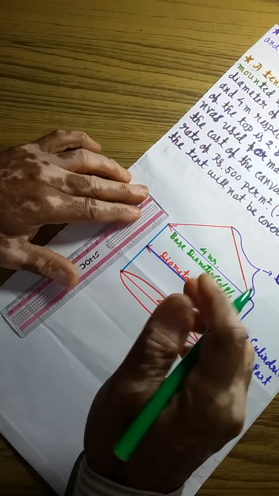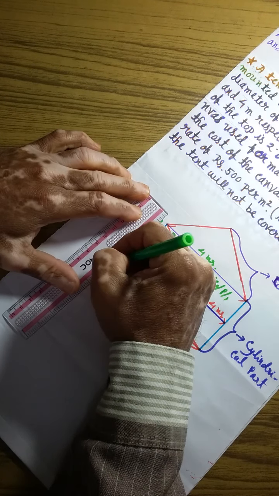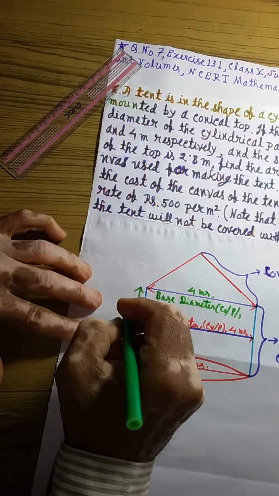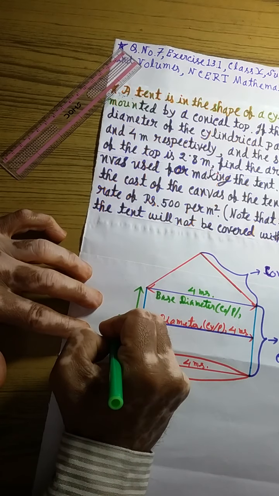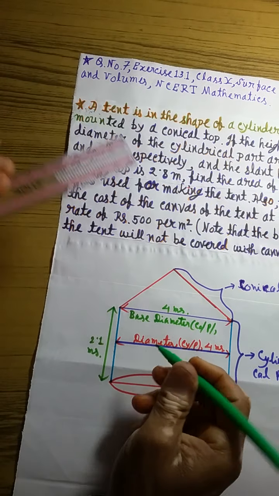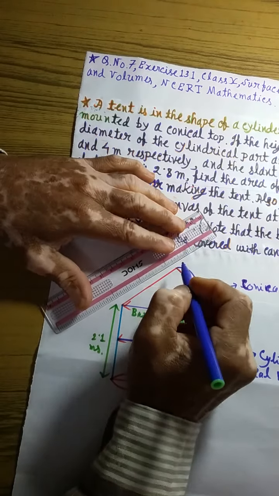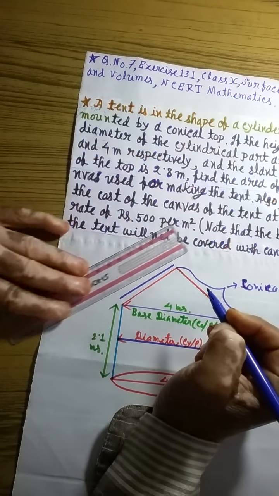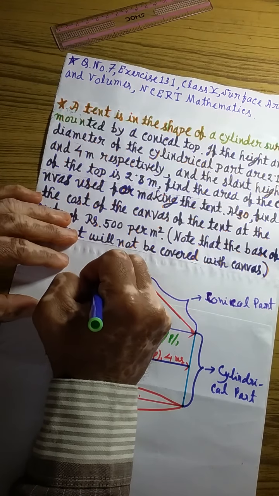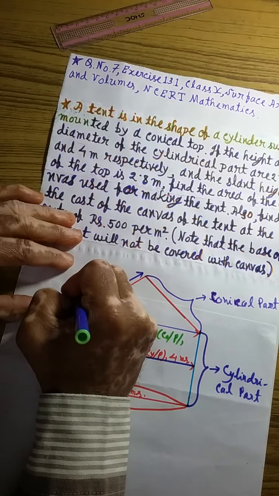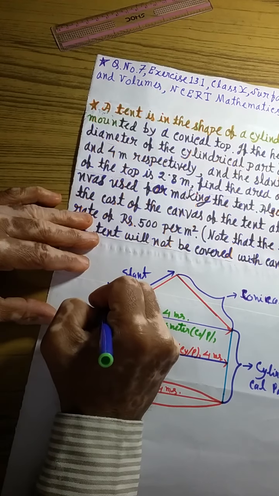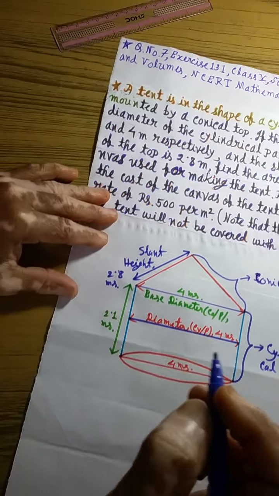After this, let us represent the height of the cylindrical part, which is according to the question 2.1 meters. And after this, let us represent the slant height of the conical part, which is according to the question 2.8 meters.